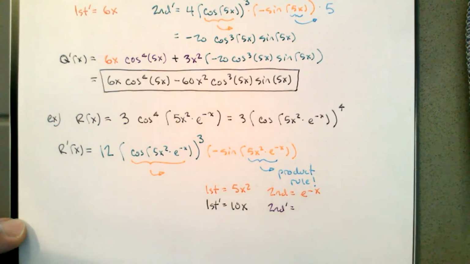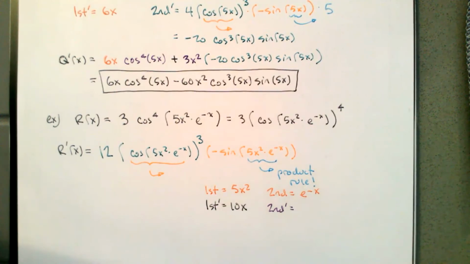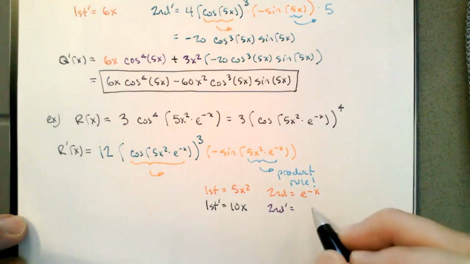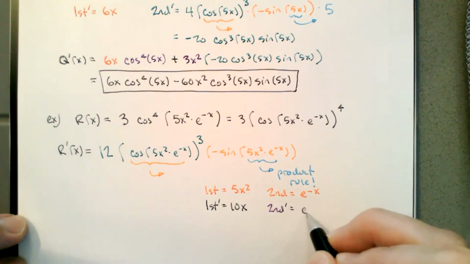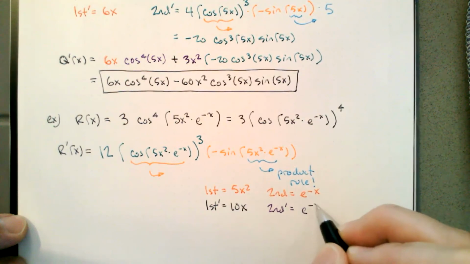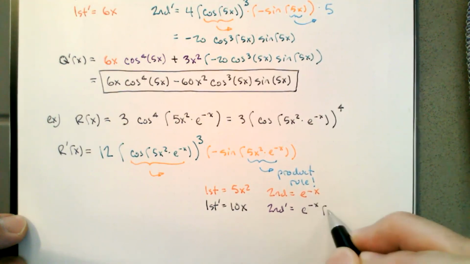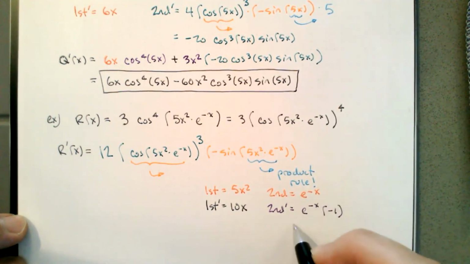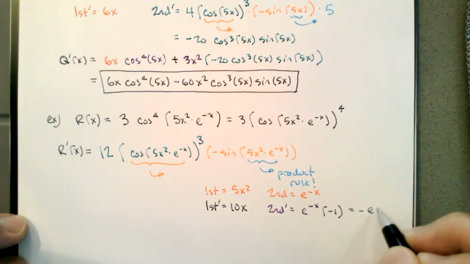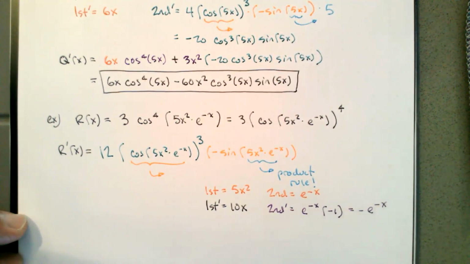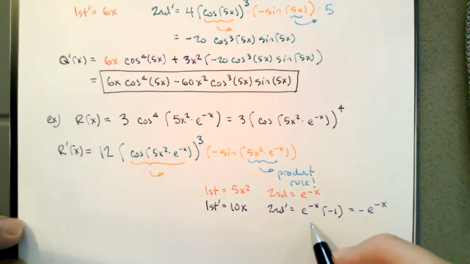So I have to use the chain rule again as part of the product rule. It started off with the product rule as part of the chain rule, and now I have to use the chain rule as part of the product rule. The derivative of e to the negative x is e to the negative x times the derivative of the inside, which is negative 1, which I will write as negative e to the negative x.